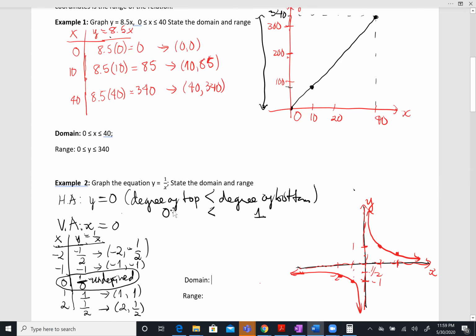X can be anything except 0. So I say x is all real numbers, and x not equal to 0, right? Because x equal to 0 makes it undefined. And similarly for the range, y can be anything except y not equal to 0. Okay, so that is the domain and range for this one.